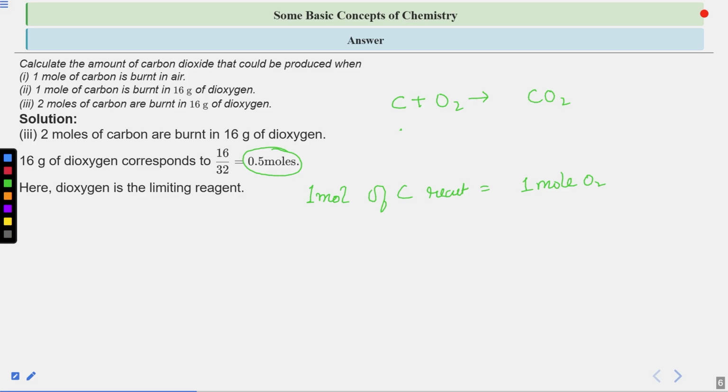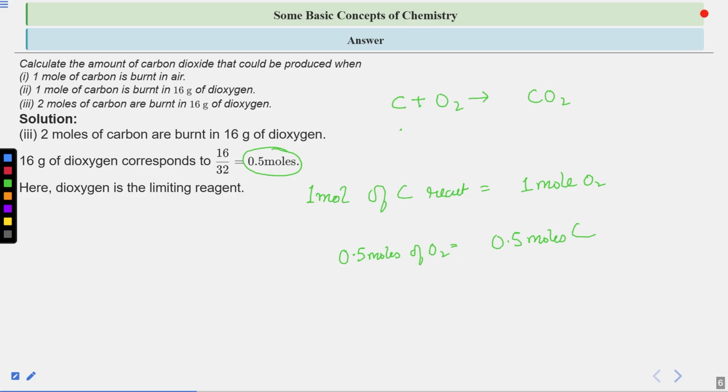If 1 chocolate has a price of 1, then 2 chocolates will have a price of 2. Similar to that, if 1 mole of dioxygen is reacting with 1 mole of carbon, then 0.5 moles of O2 will react with 0.5 moles of carbon. Okay? As simple as that.